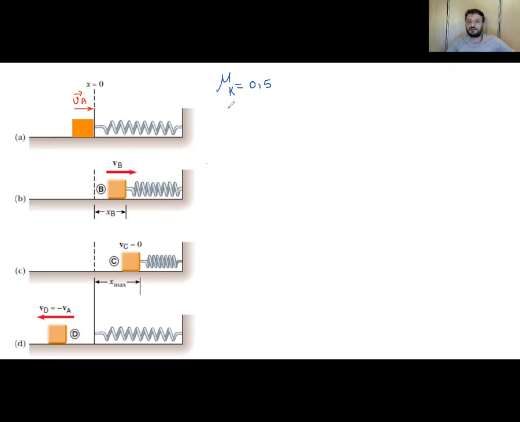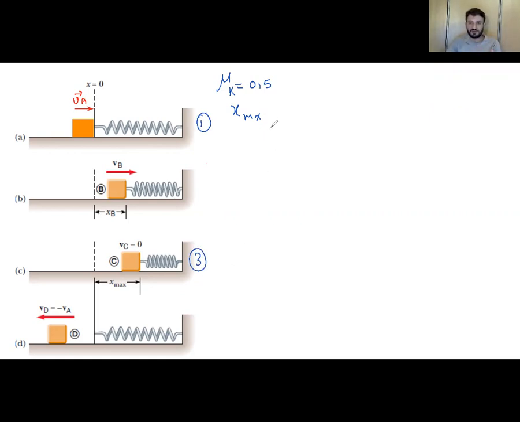I want to find x maximum. So we can take state 1 and state 3 simply.